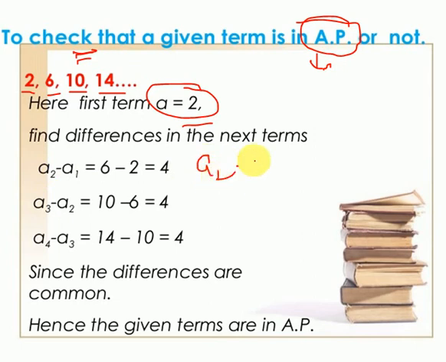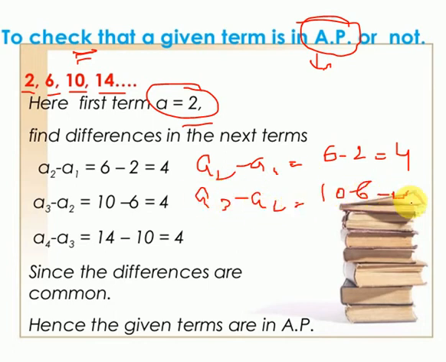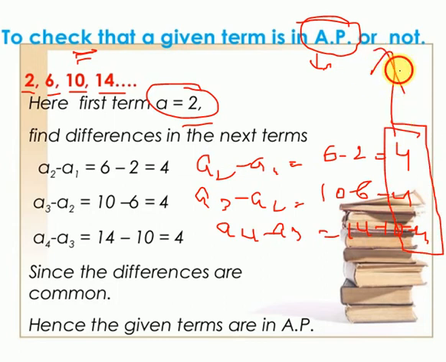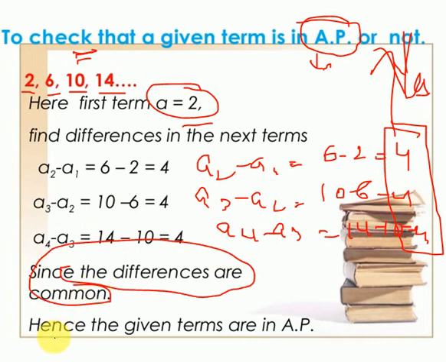First a2 minus a1, that is 6 minus 2, is equal to 4. Okay, now a3 minus a2 is equal to 10 minus 6 is equal to 4. a4 minus a3 is equal to 14 minus 10 is equal to 4. So you can see that I am getting 4 all the time. It means that yes, this is an arithmetic progression. Since the differences are common, hence the given terms are in AP. So this can also be asked.